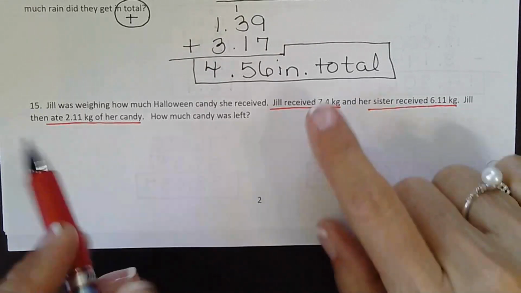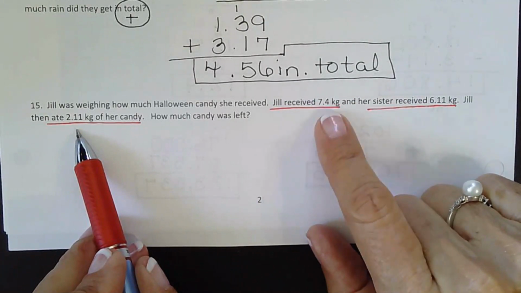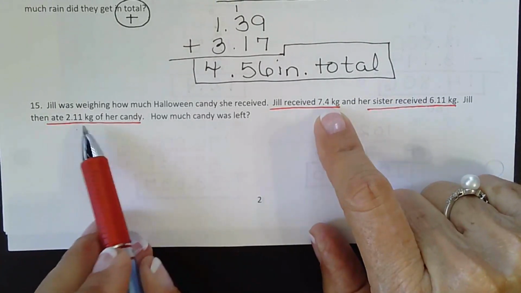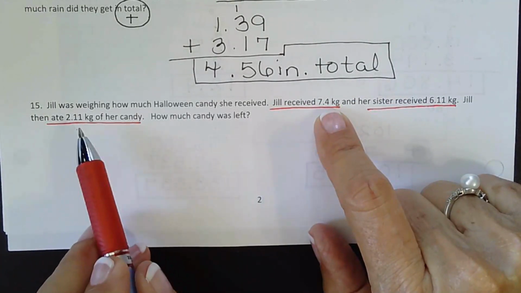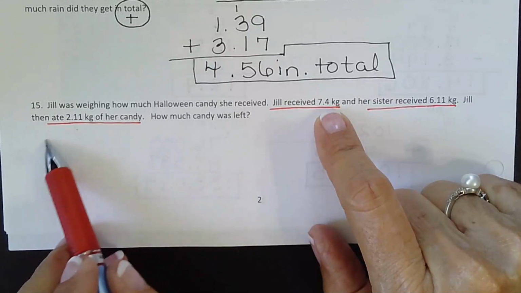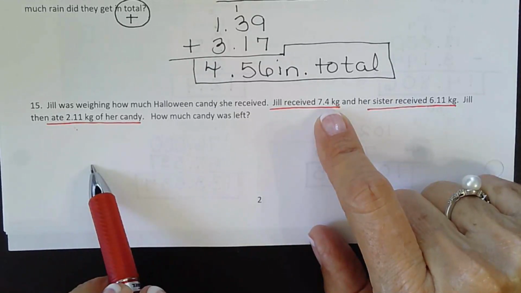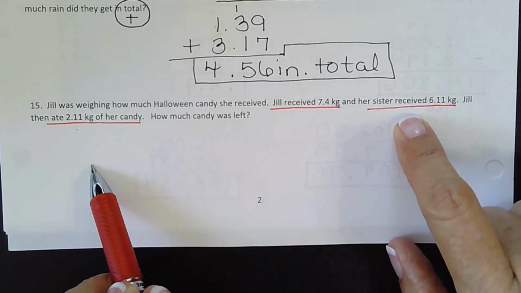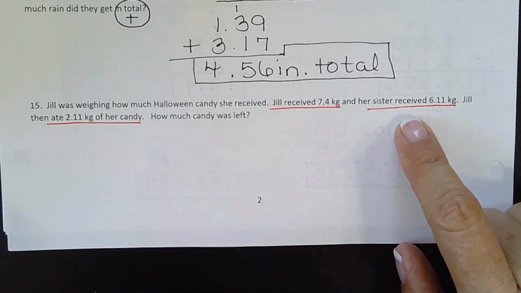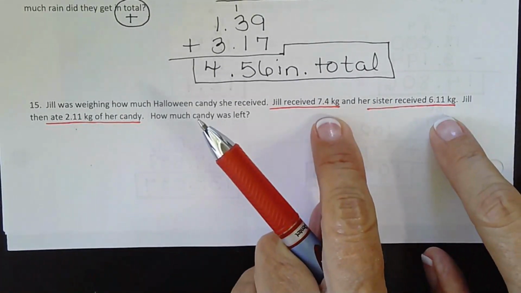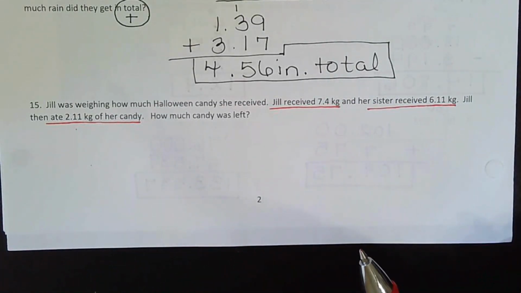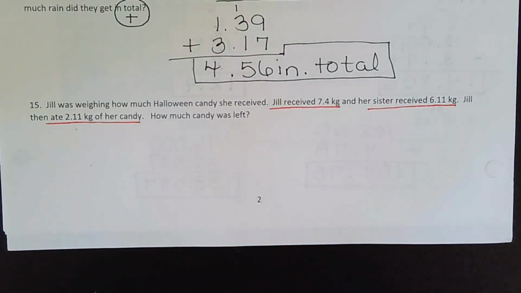So first we have to subtract these because this is how much Jill got and she ate this much. So to figure out how much was left, we have to figure how much Jill has left and then add it to her sister's candy. Or you could add these two and subtract the 2.1 from that. It really doesn't matter. But let's do it the way that makes sense.